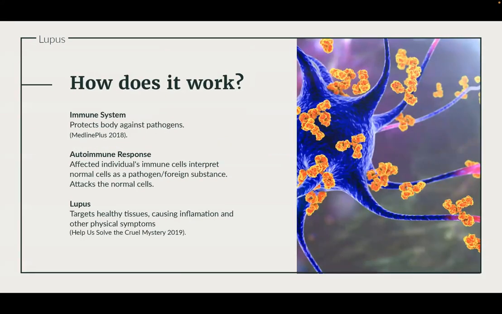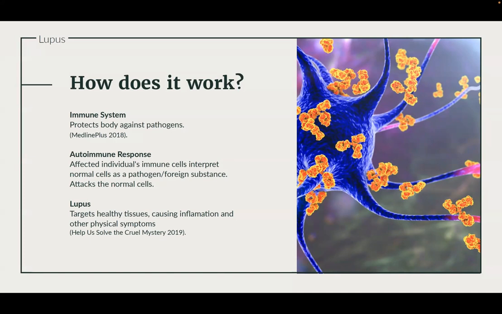To understand how lupus works, I will be discussing how the immune system normally functions. The immune system is designed to detect and eliminate pathogens like bacteria or viruses when we get the flu or a cold. It is a network of cells and molecules that work together to keep us healthy. But in someone who has lupus, this immune system fails.